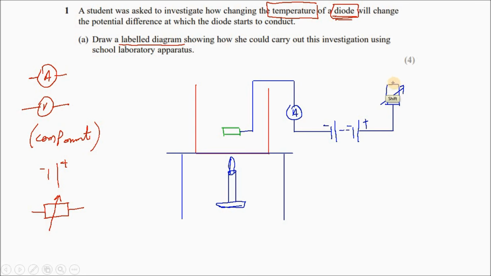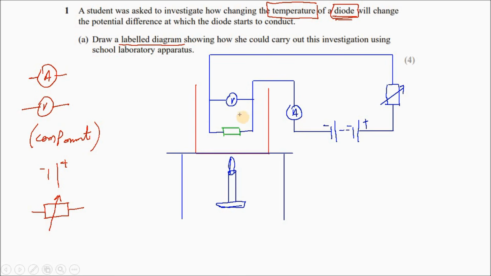And then you can go back here, and then you can connect a voltmeter parallel to the component. So this is your voltmeter which is connected parallel to your component.